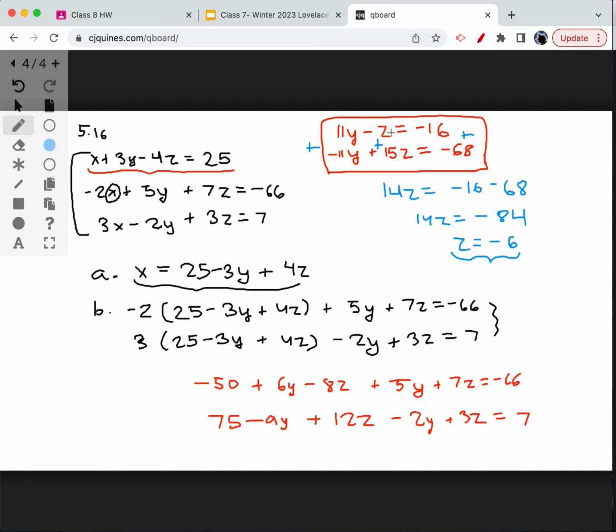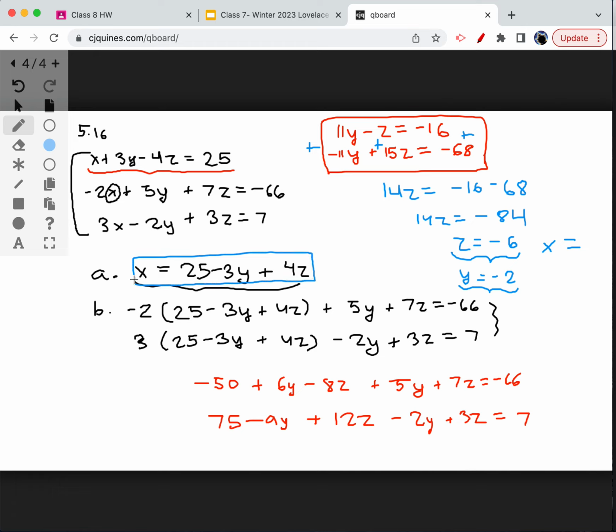So if z is equal to minus 6, you can substitute this value back into the first equation, and you'll get that y is equal to minus 2. And lastly, we have to solve for x, which we can do from this expression here.